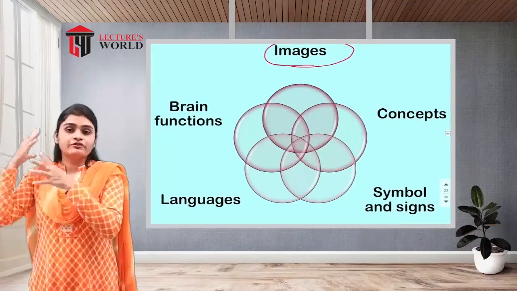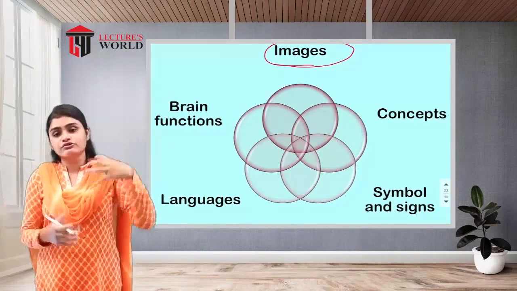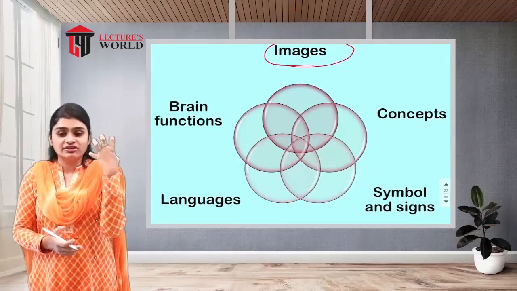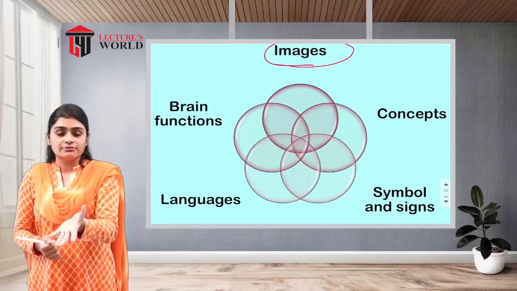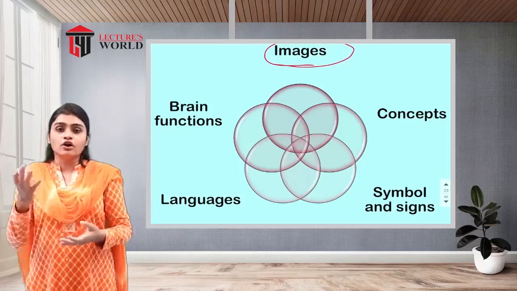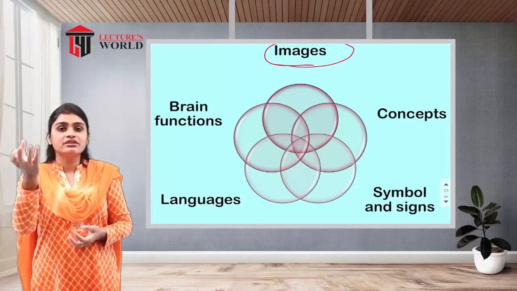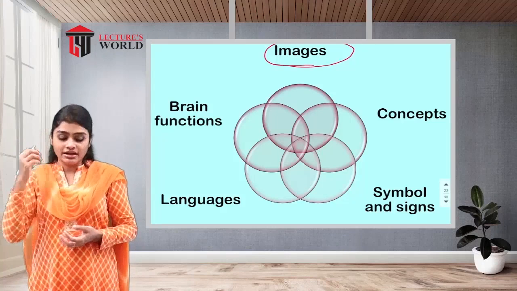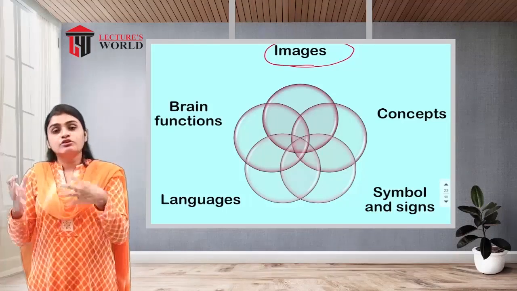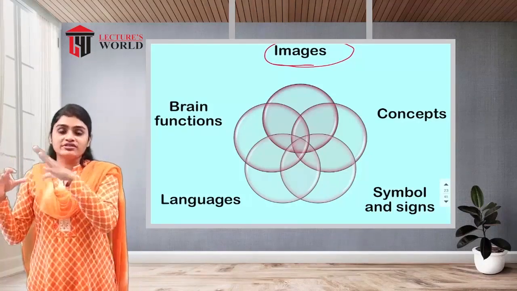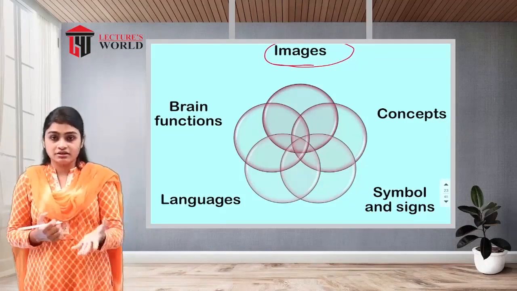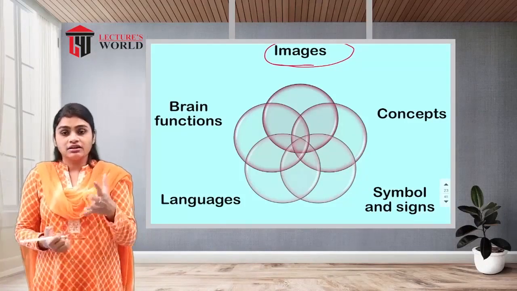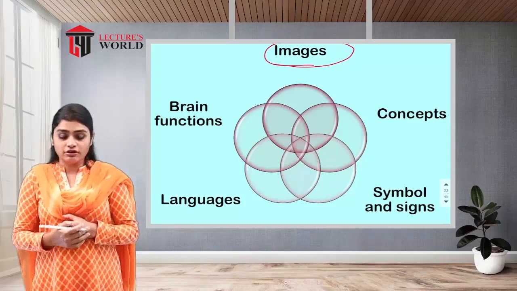When the development of thought takes place, images come into our mind, whether perceptual things are there or not. If the concrete thing is there, images will be created in our mind, and in the absence of the thing, to develop the thought process, images or symbols will be there in our mind. So that is one element of the development of thinking: images.